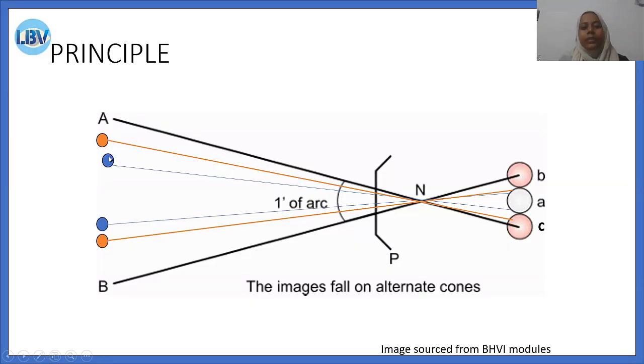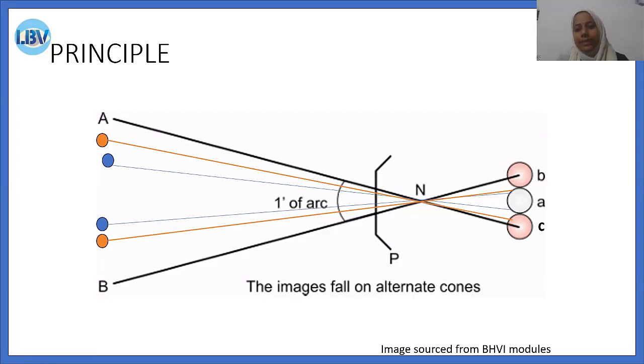The rays from these two different objects intersect at the nodal point of the eye and fall on one single cone cell of the fovea. In this case, if the rays from two objects fall on one single cone cell, the two objects will be perceived as one object.